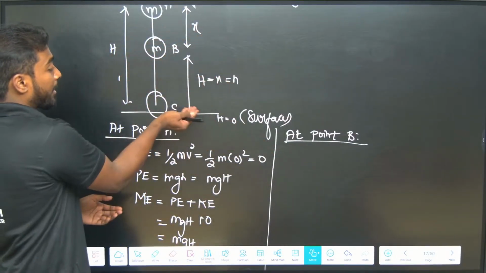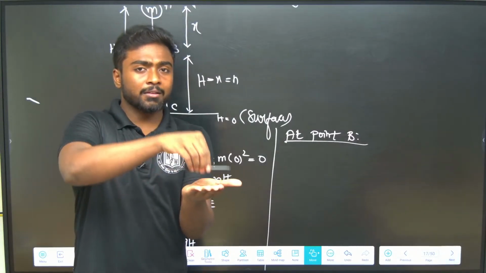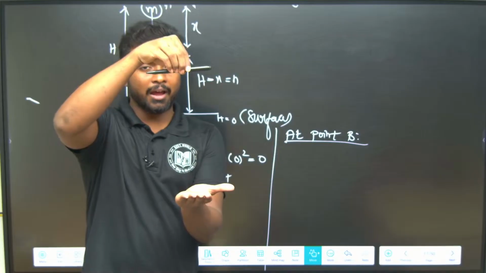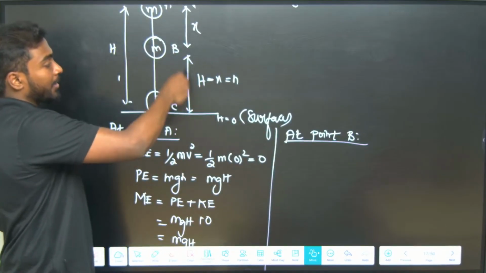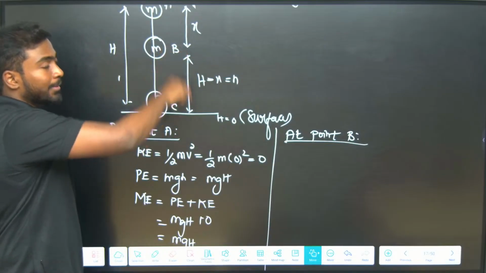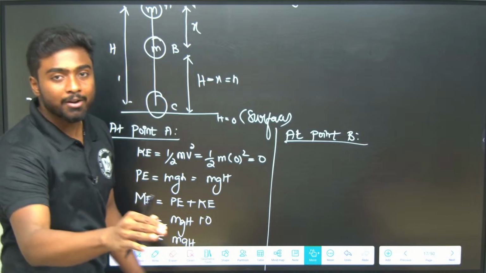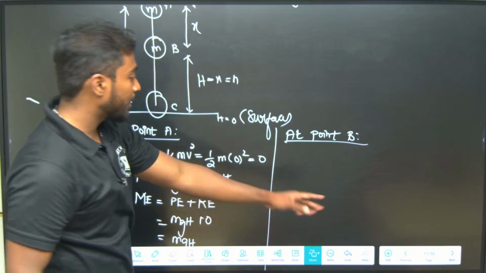No, I am taking potential energy, which means when it's on the surface, I am taking that surface, with the object at height H. It has travelled x, so the height remaining is H minus x. That is the meaning of potential energy, right?